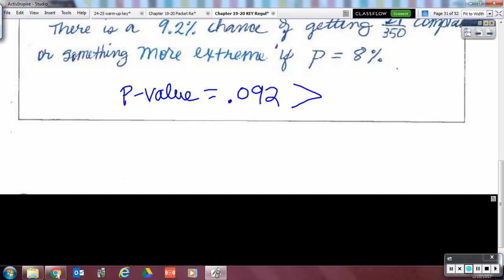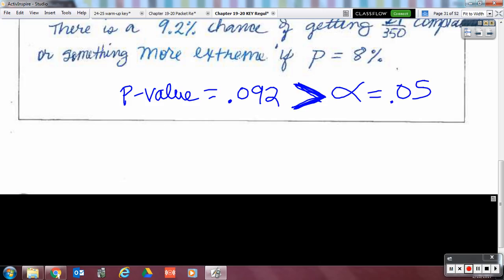And how does that compare to alpha? They didn't give me an alpha, so I'm going to say alpha is 0.05, and that 0.092 is greater than alpha 0.05. So our p-value is greater than alpha.